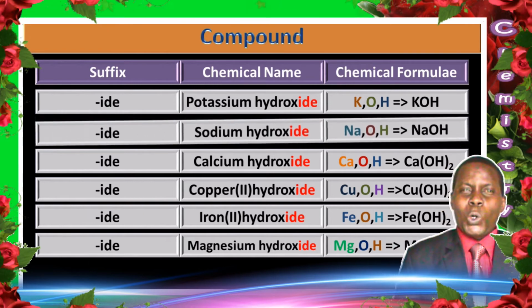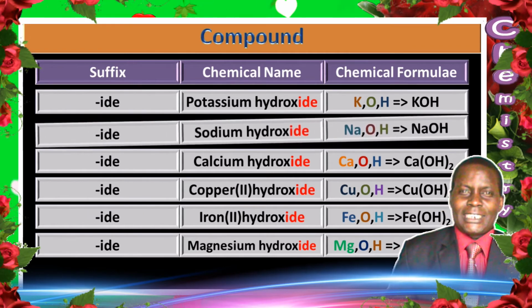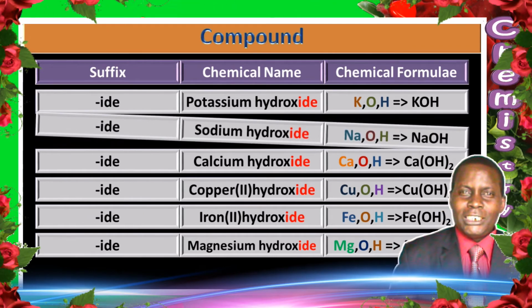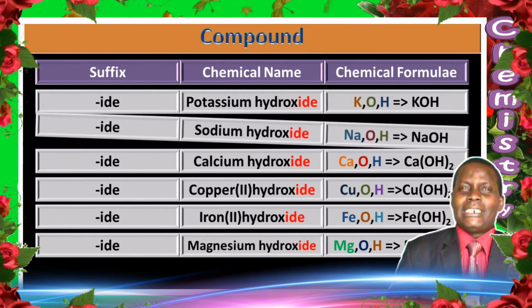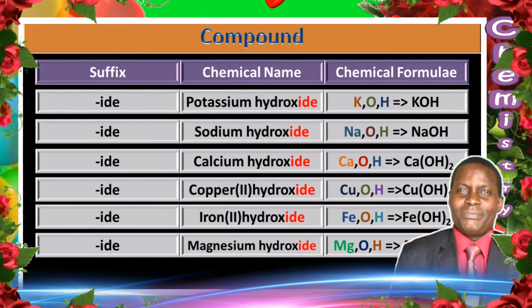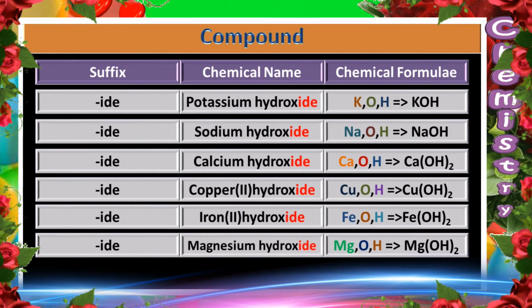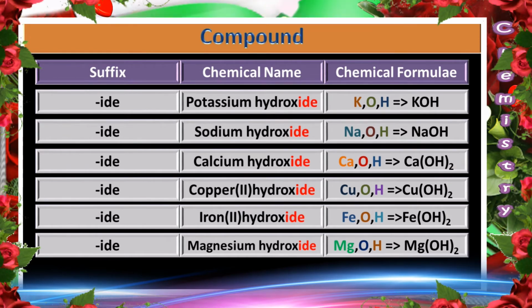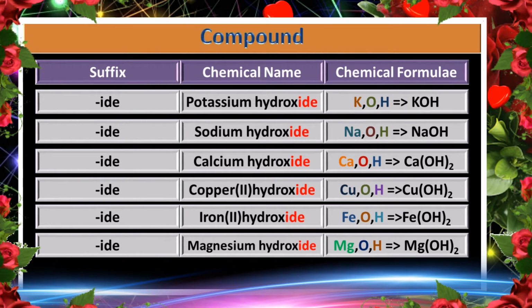Sodium hydroxide ends with IDE, but it has three elements, including oxygen: the sodium element, the oxygen element, and the hydrogen element, which are chemically combined together to form sodium hydroxide.